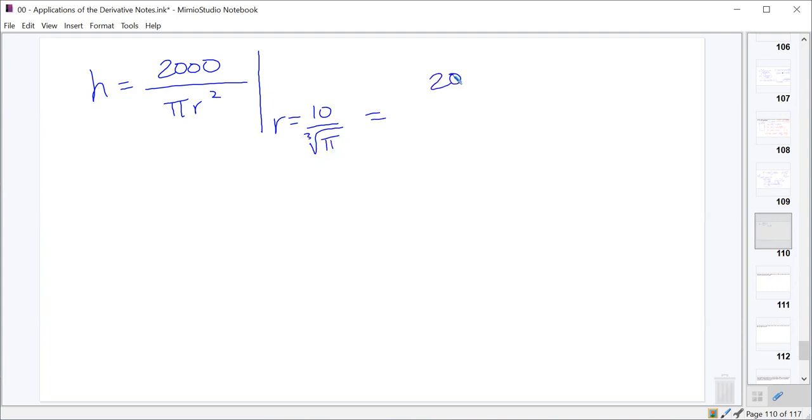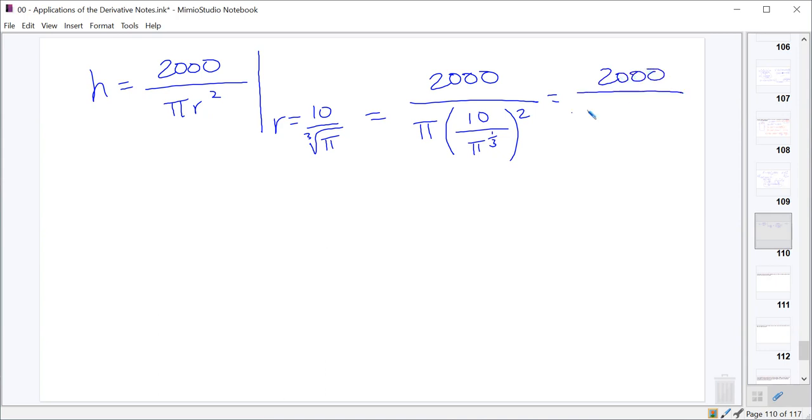That gives us 2000 over pi times 10 over the cube root of pi, which is pi to the 1/3, and then that value of r needs to be squared. So to simplify this down, we've got 2000 over pi times 100 over pi to the 2/3. 2000 divided by 100 is just 20.